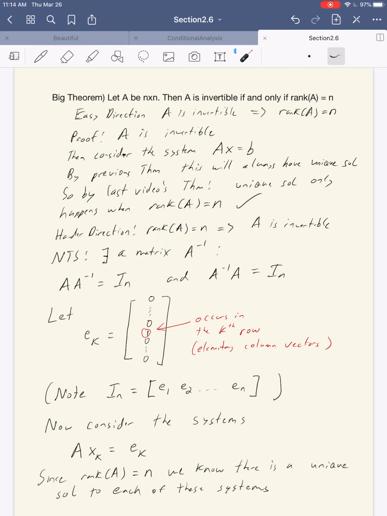To do that, we attempted to construct A inverse directly. What we did is we took A inverse to be the solutions to A times something equals those elementary column vectors. We knew that each of these would have a unique solution, so we were free in choosing that unique solution as x sub k.